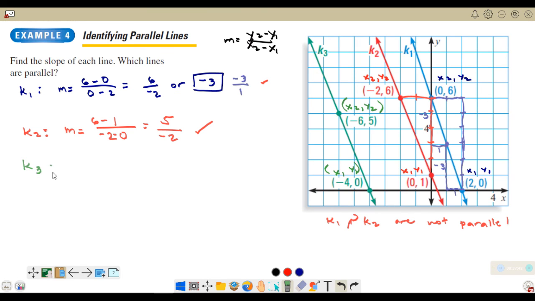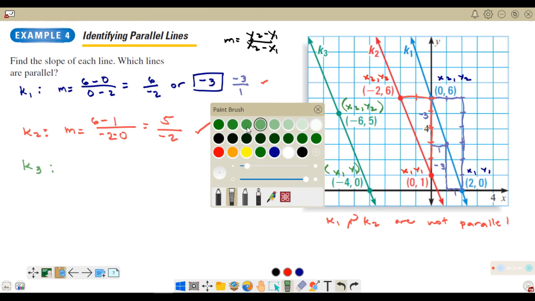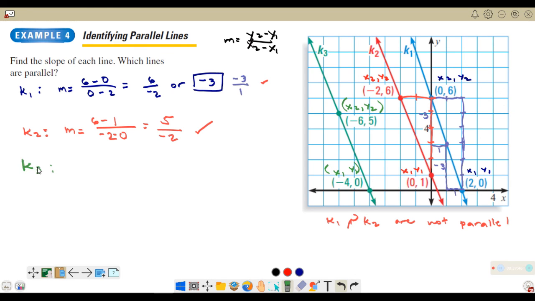K sub 3, masyado siyang malabo. Ito. K sub 3, the m is equal to y sub 2 minus y sub 1 over x sub 2 minus x sub 1. So, y sub 2 is 5. Y sub 1 is 0. 5 minus 0 siya. For the denominator x sub 2 minus x sub 1, we have negative 6 minus negative 4.